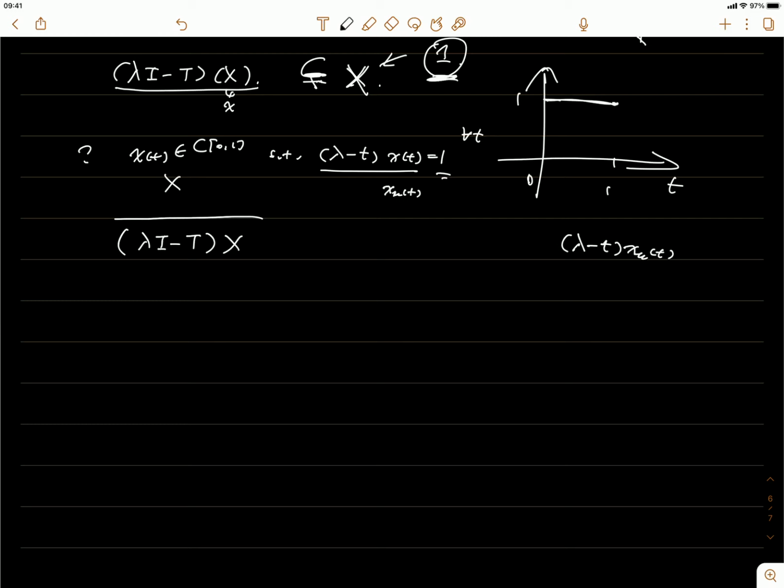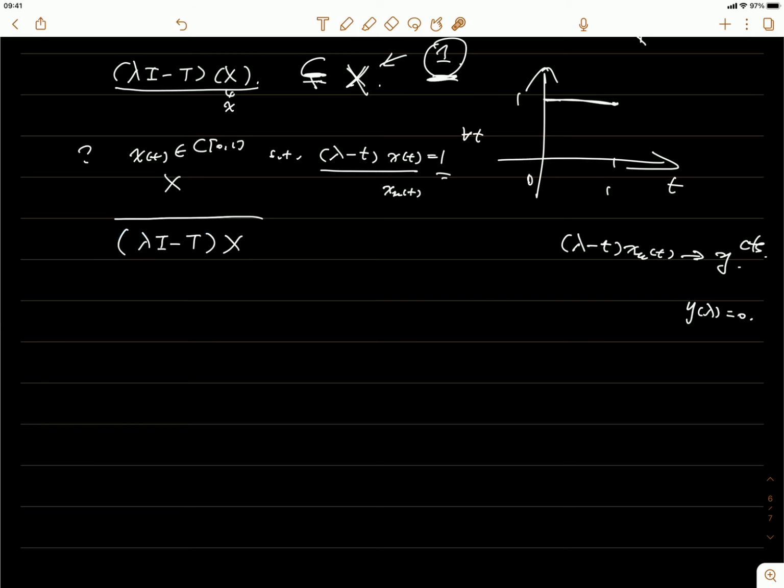So (λ − t) times x_k(t) should also be continuous, and they converge in the space X means that they will converge to some function, I call it y, and that is also continuous. And it's a bit obvious, as I said, that y at λ must be equal to 0. So this y cannot be the constant function 1. So there's no way to find a sequence in this space such that they converge to 1.